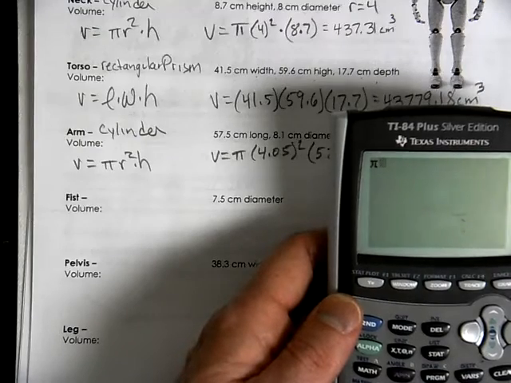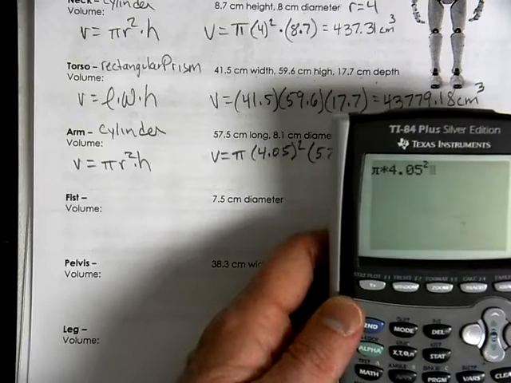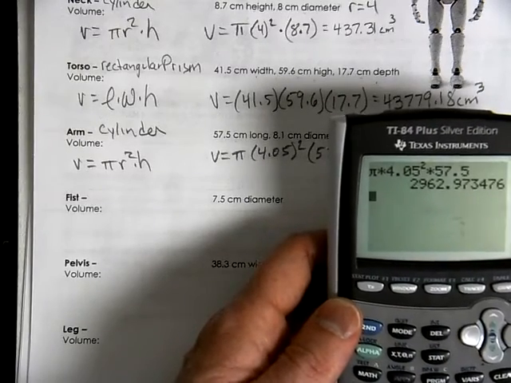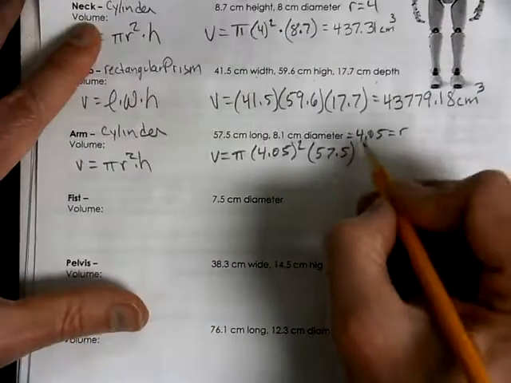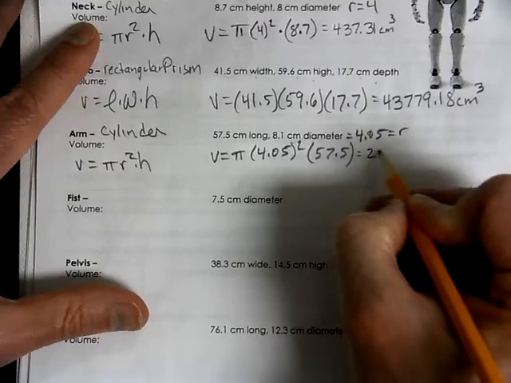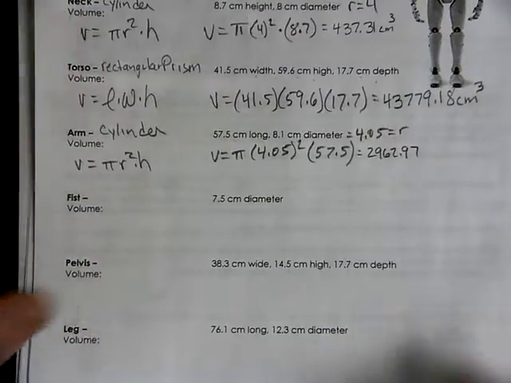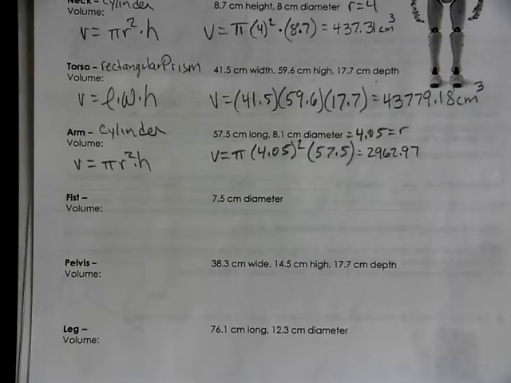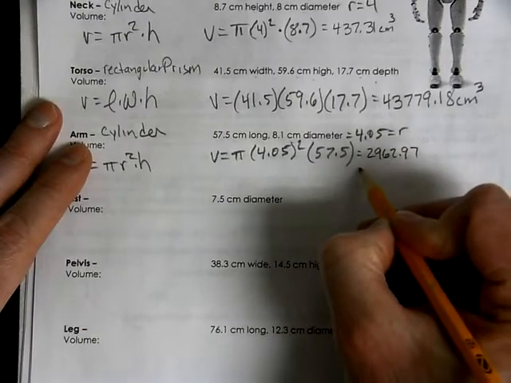So we have pi times 4.05 squared times 57.5. And that would be the volume of our arm, perhaps. Now, how many arms do we have? We have 2 arms.